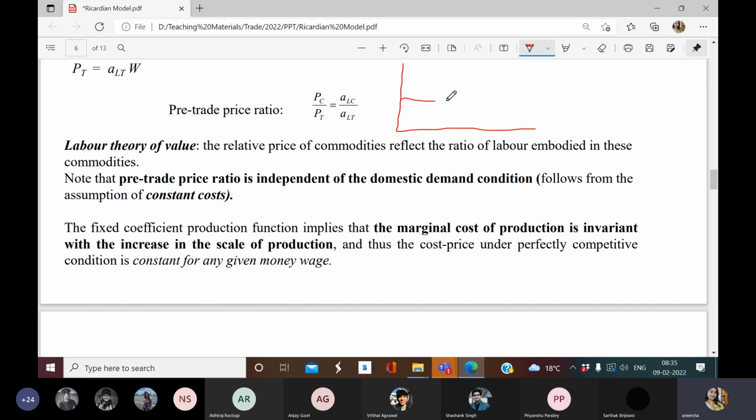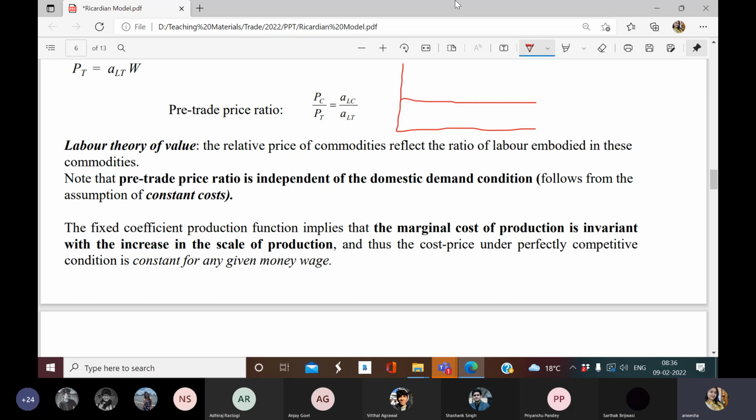Constant cost means your long run supply curve is horizontal. This is a constant cost industry, and you also have CRS throughout, because you have a fixed coefficient production function and labor is the only factor of production. So the law of diminishing return to the variable factor is not applicable here.